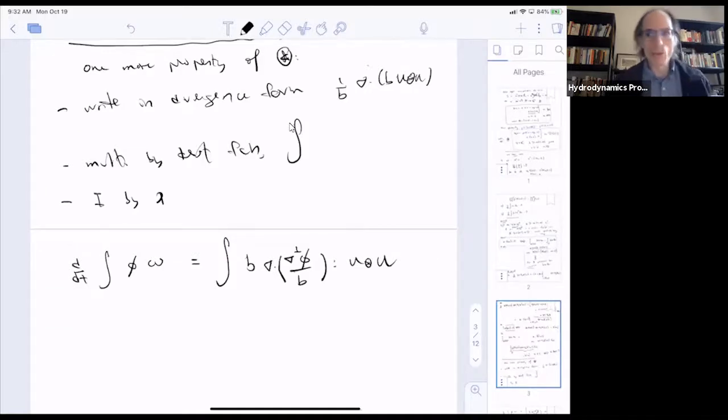And so I want to ask, when do I get a conserved quantity out of this? So when does the right-hand side equal 0?